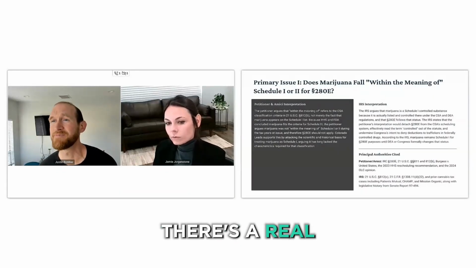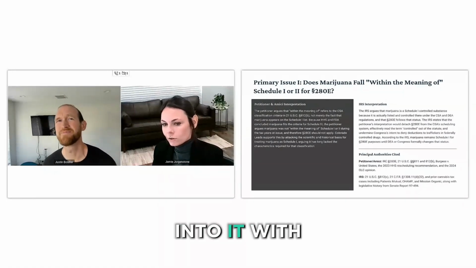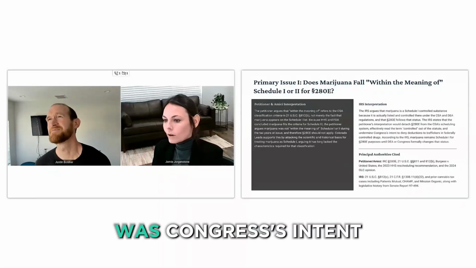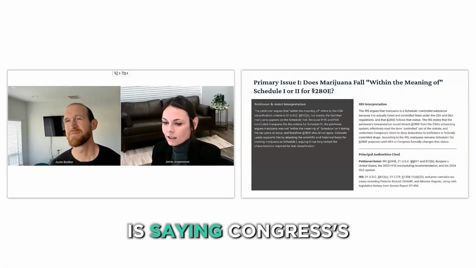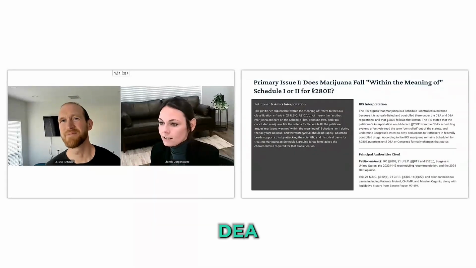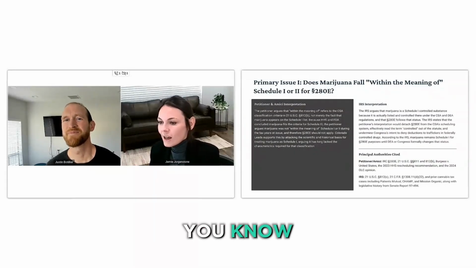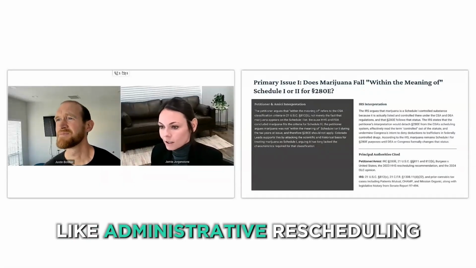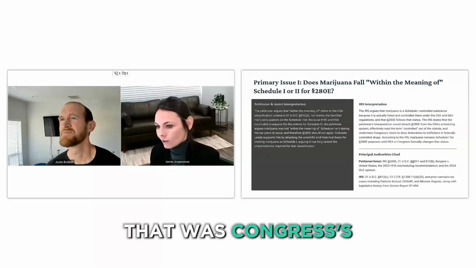Yeah, there's a real clash there. I think we go into it with argument 2, but they're very closely related: what was Congress's intent? The IRS is saying Congress's intent was for the DEA to decide, since they're ultimately responsible for the administrative rescheduling.